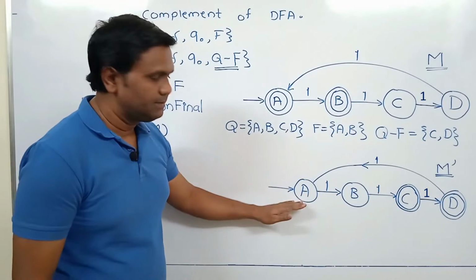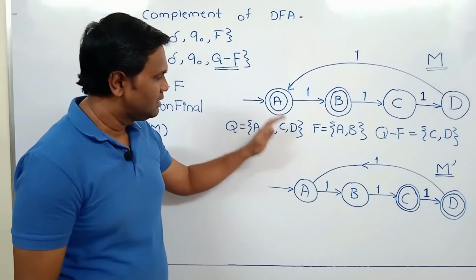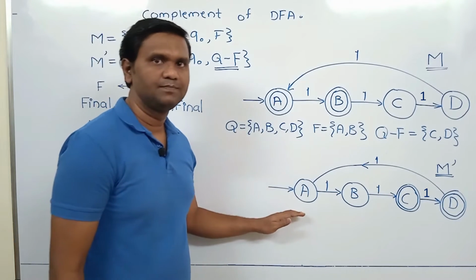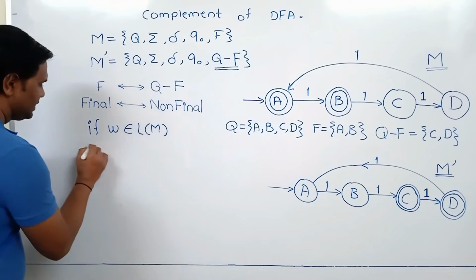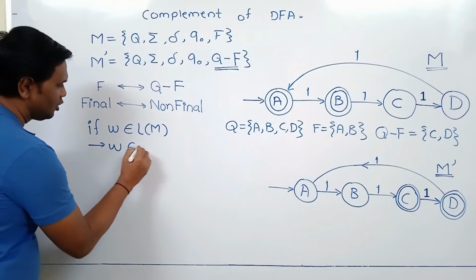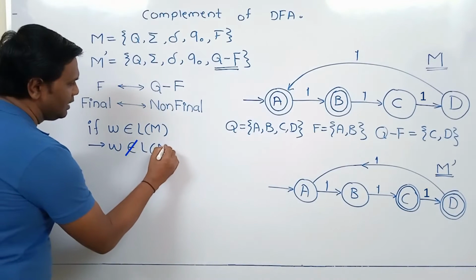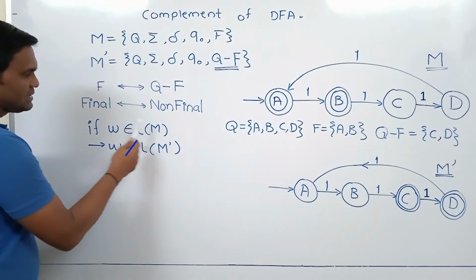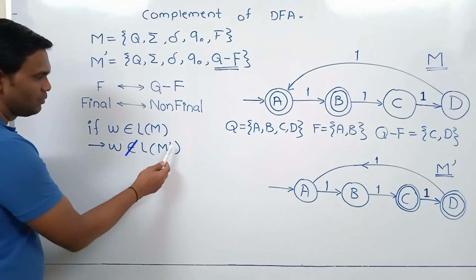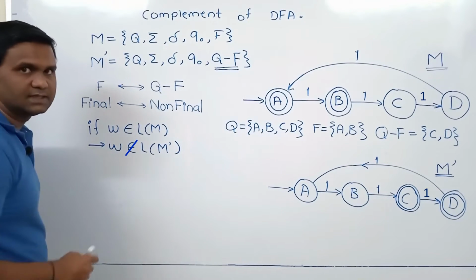The state will be the same, but here it is final, here it is non-final. So if W belongs to L of M, then W does not belong to L of M complement. In M, processing ends in a final state. In M complement, processing ends in a non-final state.